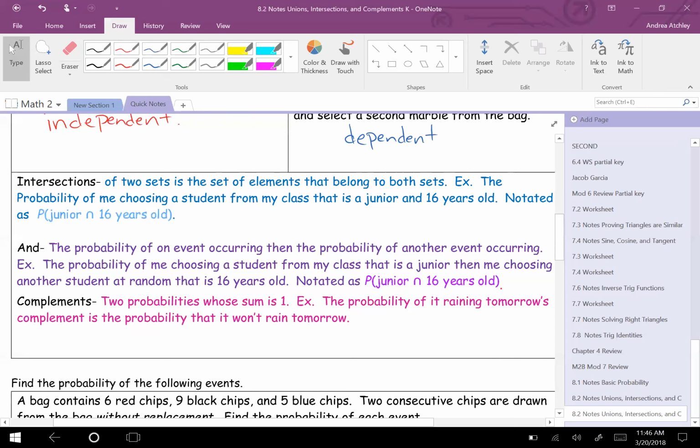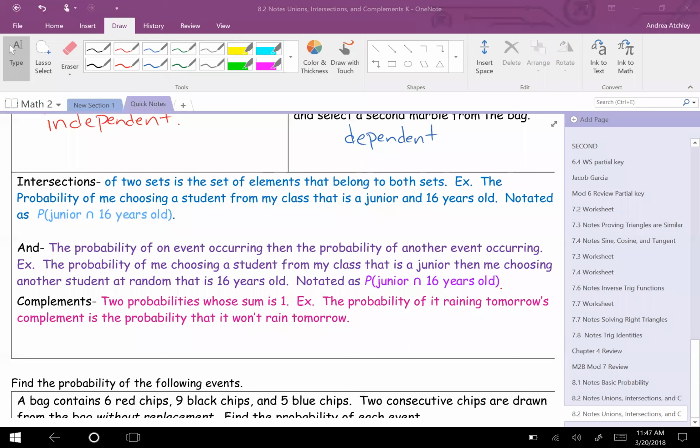The example: the probability of me choosing a student from my class that is a junior and 16 years old. Notated as the probability of junior, upside down U, the intersection, probability of 16 years old.